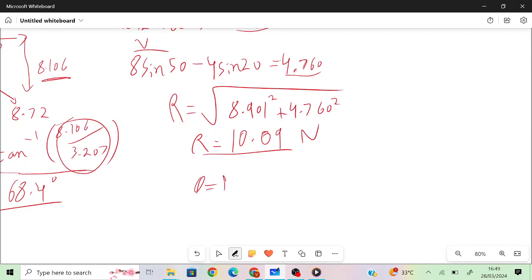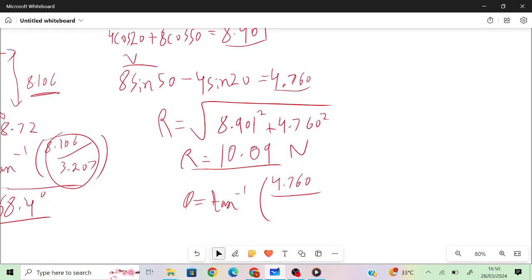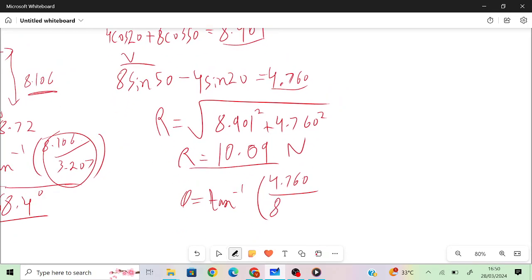And to find out the angle it makes with the horizontal, you can just do theta. Theta is equal to tan inverse of the vertical over the horizontal. So the vertical in this case was 4.760 over the horizontal, which we had gotten eventually as 8.901.